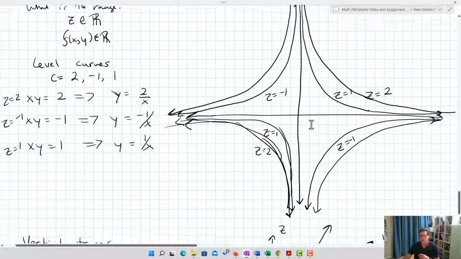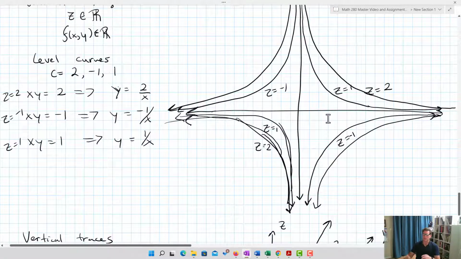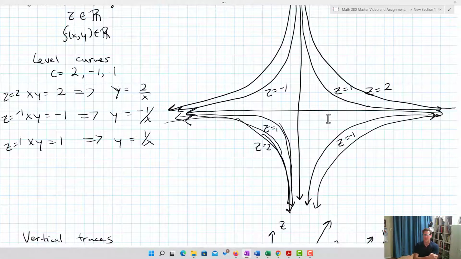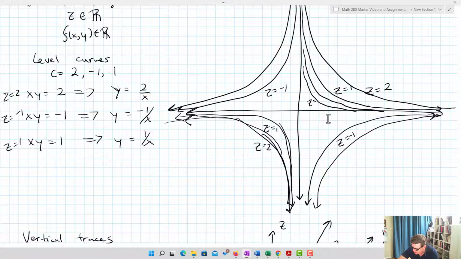Okay? So if I imagine what's happening on my surface, as we move up in the xy plane, z equals 1, and as I get closer and closer, these are values of z that are getting smaller and smaller, until you finally get to, say, z equals 0, and z equals 0 is going to end up being either this x-axis or the y-axis.